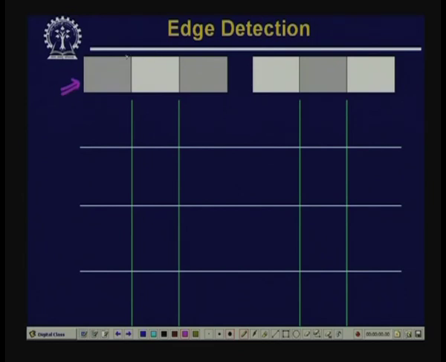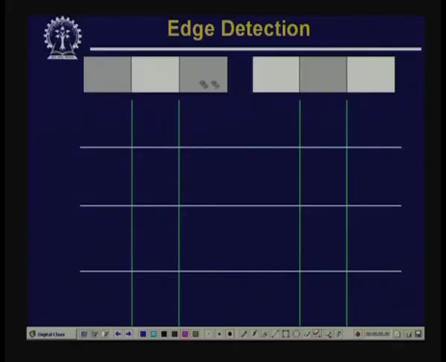As you move from left to right in the horizontal direction, in the next one there is a transition of intensity levels from bright to dark and again to bright. These are the typical scenarios in any intensity image, where we have different regions having different intensity values, and an edge is the boundary between such regions.